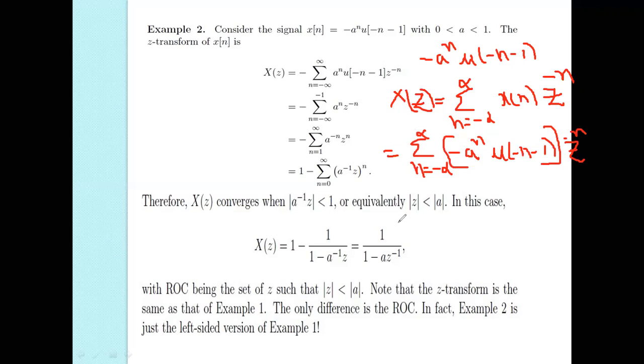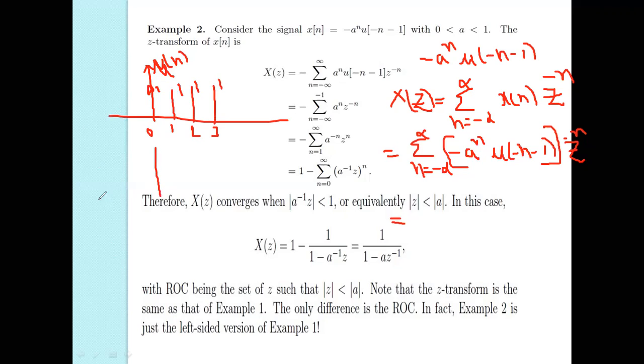Now we can change these limitations, for mu of minus n minus 1. My dear students, the minus means the negative real axis. So let us see the graphical representation of mu of n: it starts from 0 with a value of 1, 1 is a 1, 2 is also 1, and 3 is also 1.